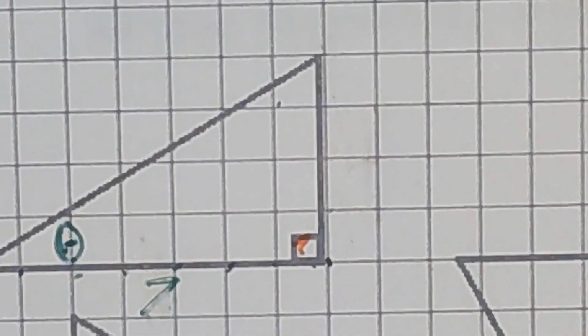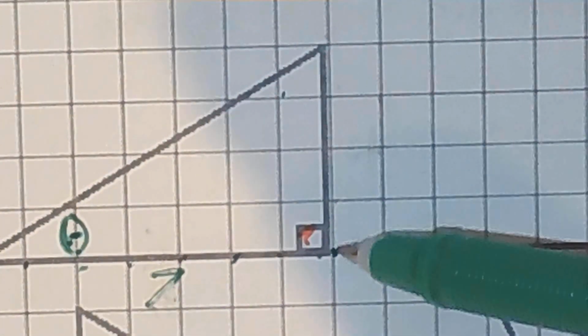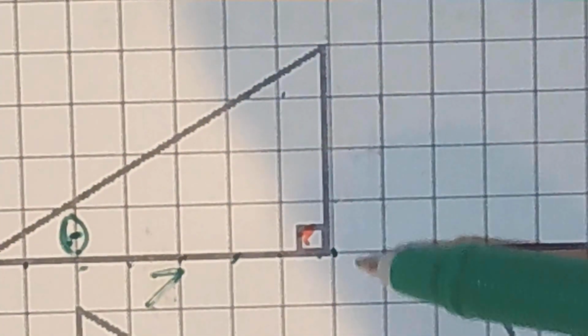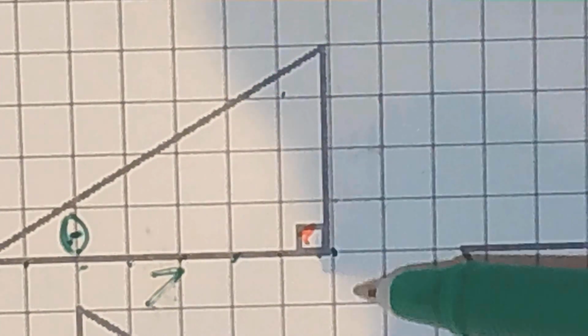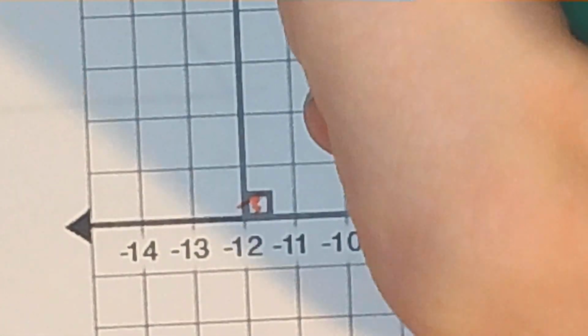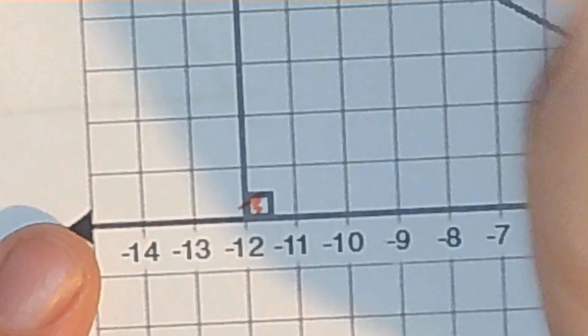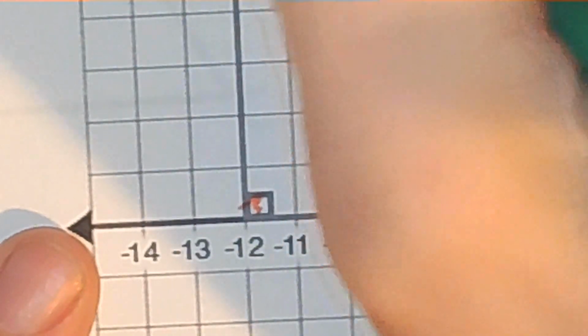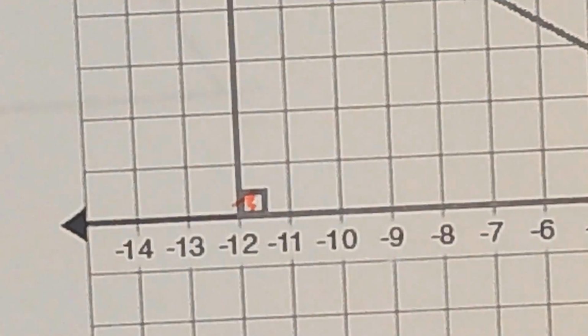Not exactly there on 7, it's actually about 6.9. But it's absolutely 4 there. Absolutely 4. So this is about 6.9, and this is 4. Right.